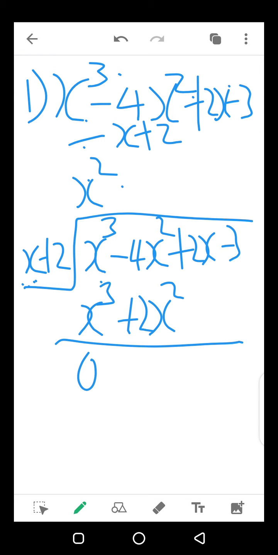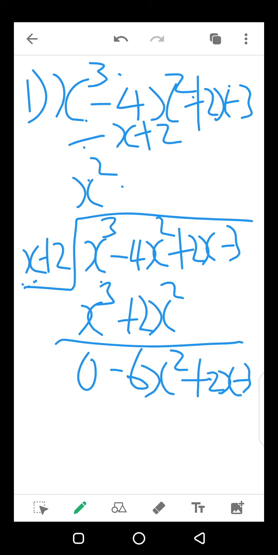Minus 4 minus 2, we are going to get minus 6, so we have minus 6x raised to power 2. Now we bring down the other terms, plus 2x minus 3.